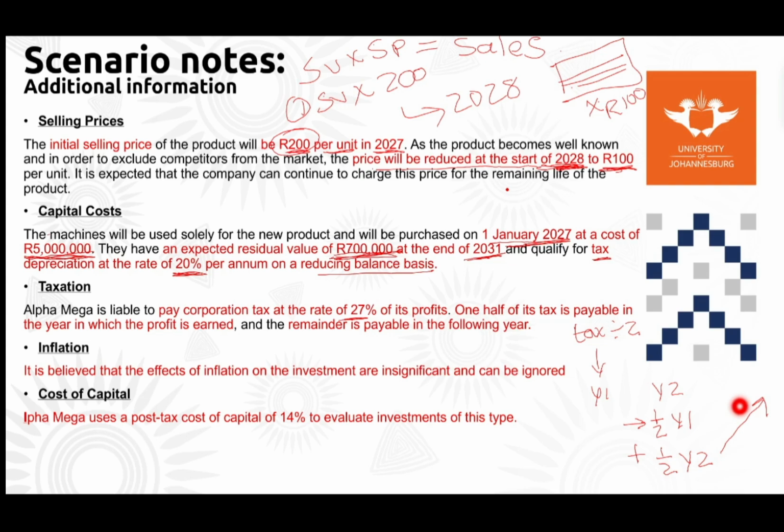Cost of capital. Alpha Mega uses a post-tax cost of capital of 14% to evaluate investments of this type. So we know that we're going to have to use this in order for us to get our NPV. This is going to be our discounting rate.